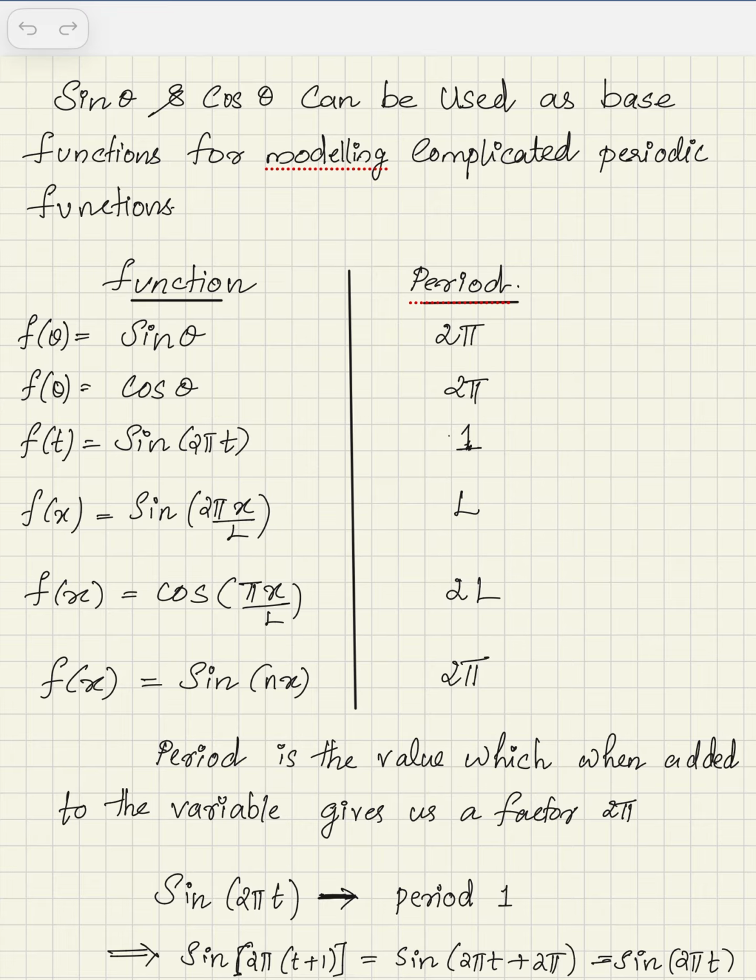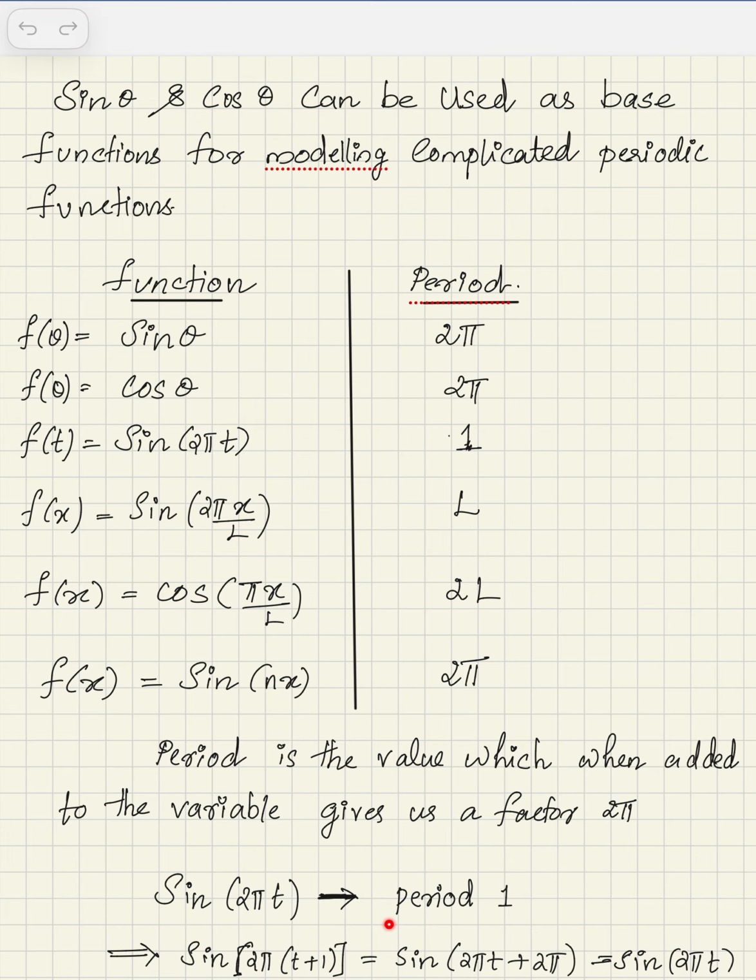So the period is L. In the function f of x equal to cos pi x by L, the period will be 2L. If you are considering f of x equal to sin nx, where n is an integer, the period will be 2 pi by n, and so on. So period is the value which, when added to the variable, changes the argument by a factor of 2 pi.